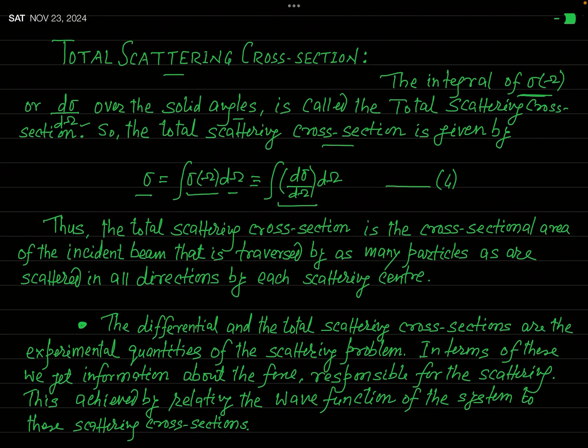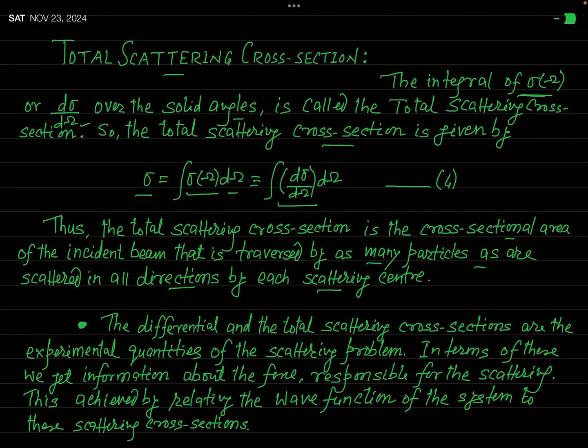So you can say that the total scattering cross section is the cross sectional area of the incident beam that is traversed by as many particles as are scattered in all directions by each scattering center, all directions. In this way we have defined the differential scattering cross section and the total scattering cross section.